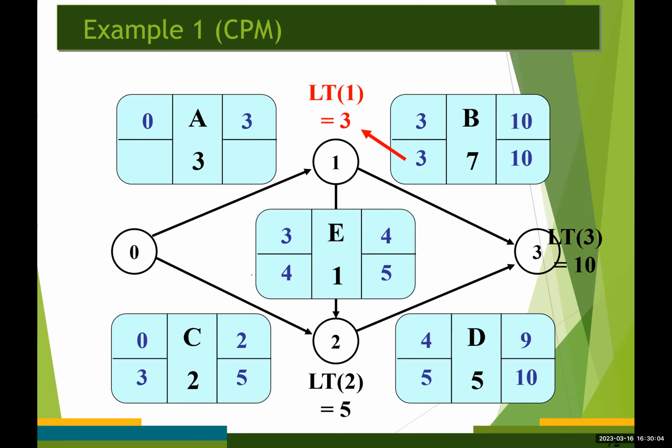So the latest time for event number 1 becomes 3, from the latest start time of activity B. We took the minimum value between these two. The latest finish time for activity A becomes 3, and the latest start time for activity A becomes 0, which is 3 minus 3.